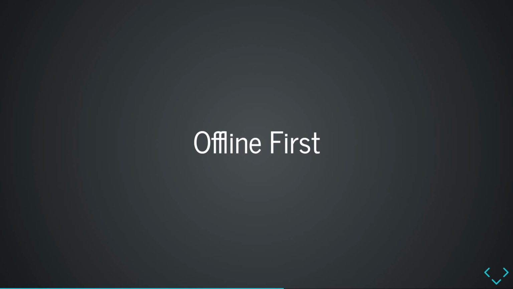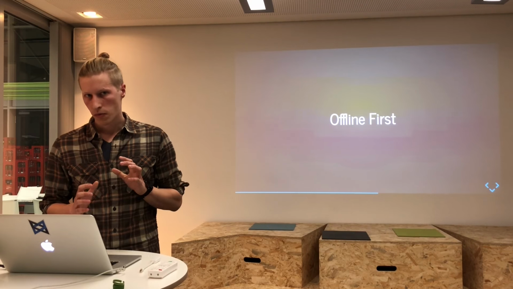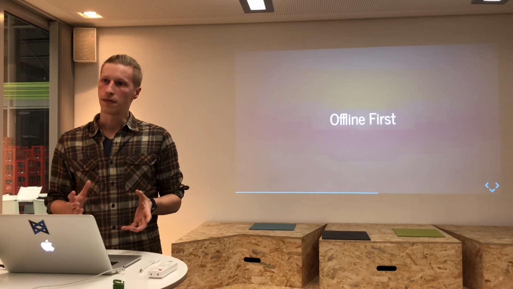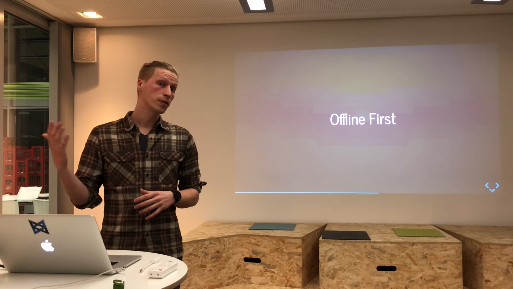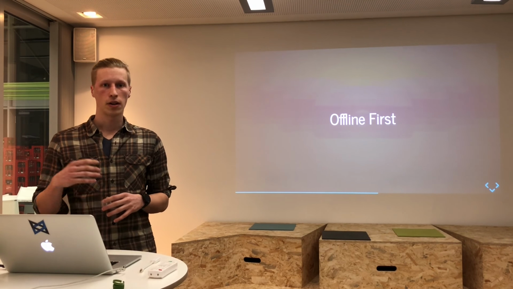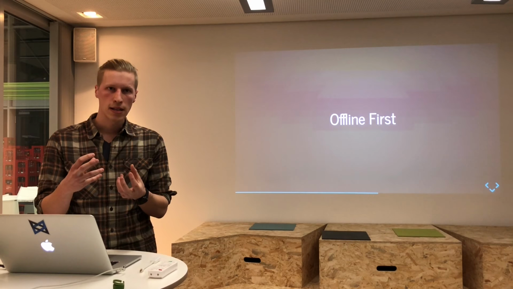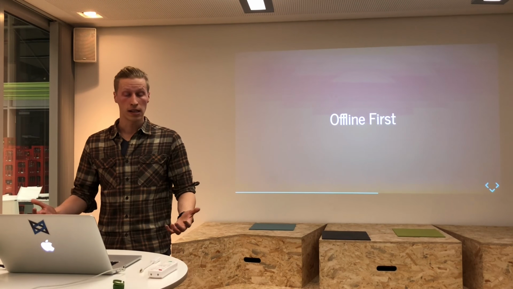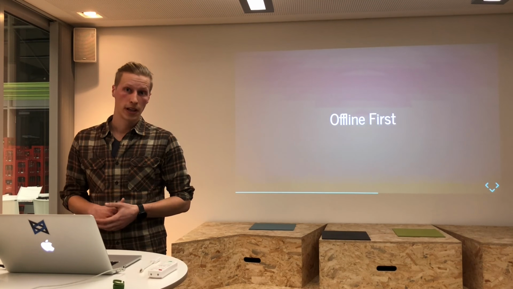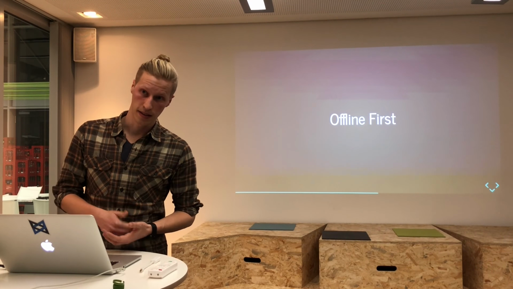Offline first. So I mentioned it previously, but offline first is very critical to having a great feeling application. It's a bit like saying mobile first in the web world, right? Targeting the most constrained use case so that the rest of your use cases feel really great. Well, in mobile app development, offline first is the key.